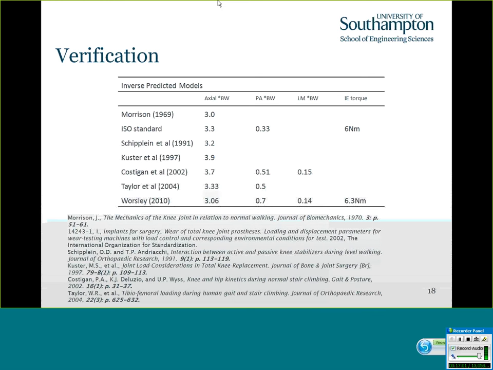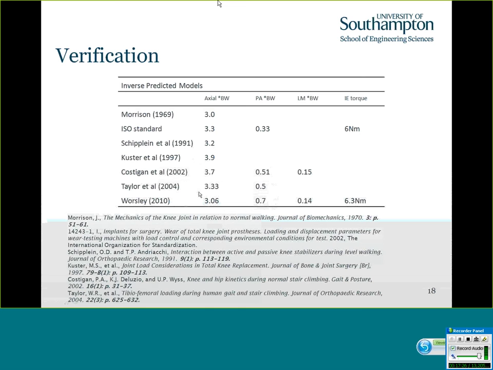And if we look at other papers that have used inverse dynamics to predict knee loading, again, we can see there's a general trend of around 3 to 3.5 times body weight in axial loading, which our model is also predicting. The AP constraint reaction is around half times body weight, and ours is a little higher than that for our healthy control group.